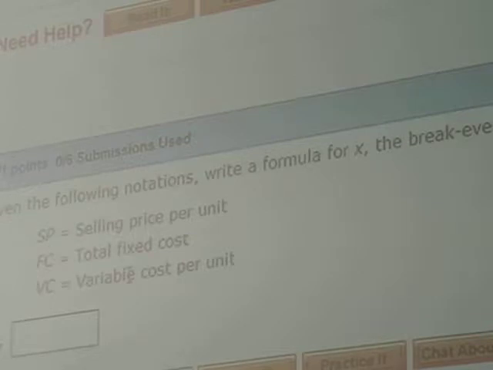And now we're supposed to do what? Write the formula for the break-even point, for the break-even sales amount, so X. So how do we do this? We want to write the profit function using this notation, that's all. It shouldn't be that hard. So the profit function is what?